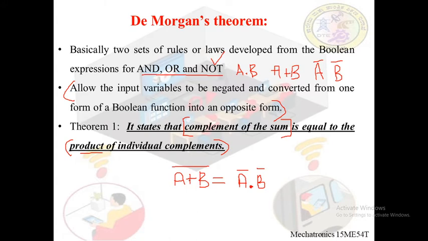This we are going to prove using logic gates and truth tables. Truth table, how to generate? We will take inputs A and B. Truth table is nothing but the output verified for all combinations of input. We will take A and B, generate A bar, B bar, and finally A plus B, then A plus B whole bar, and we will get the product of A bar and B bar. We will be verifying whether they are equal or not.